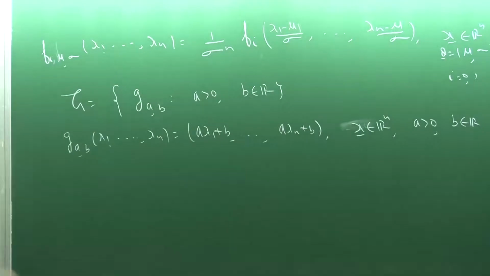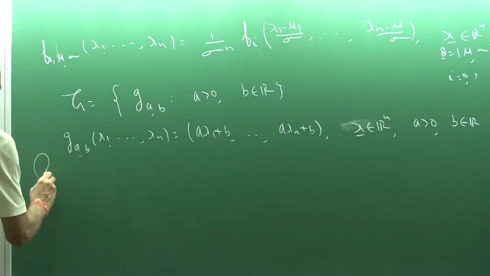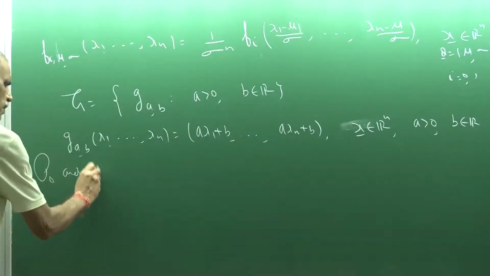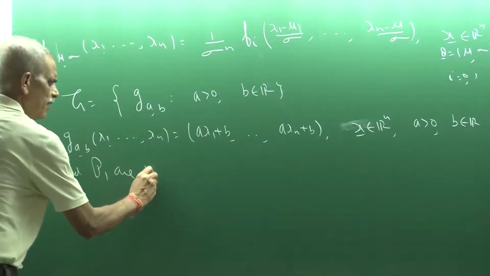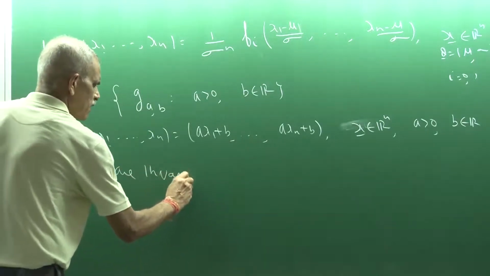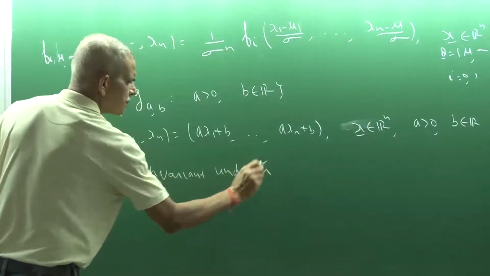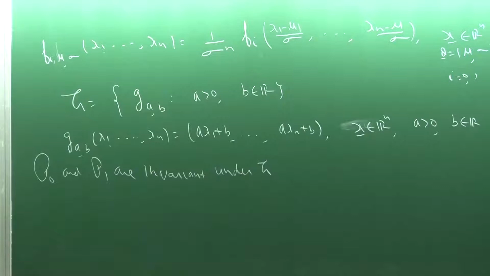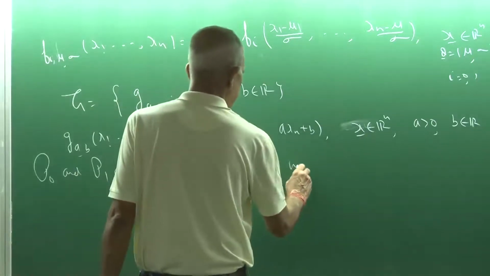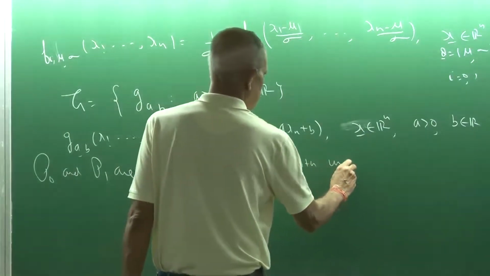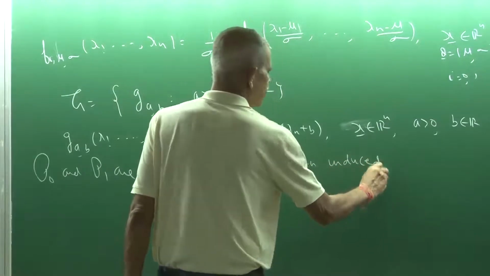Then you know, from your estimation theory, that P0 and P1 are invariant under G, with the induced group on the Pi with induced transformations.